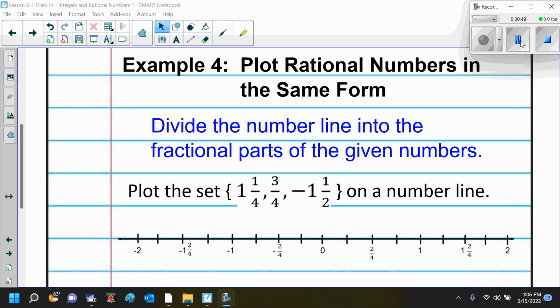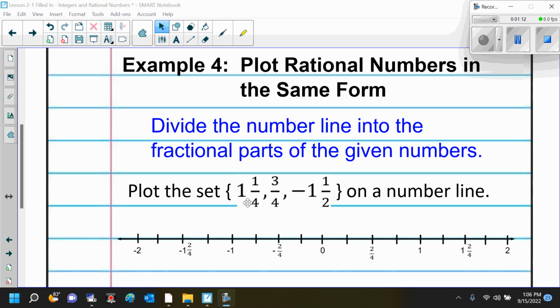When we are plotting fractions and decimals on the number line, we have to have same intervals. The intervals have to be equal. So here, we want to look to see what is the common denominator of the numbers given, and that's what we will divide the number line into.